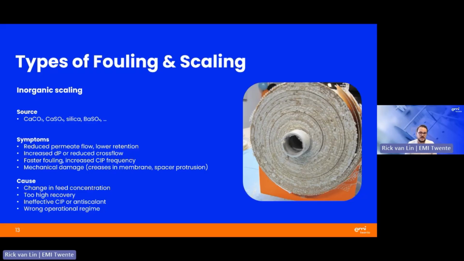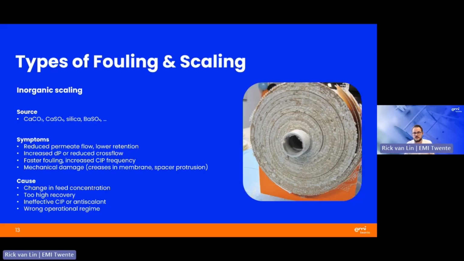Typically caused by a change in feed concentration. So if your solute concentration is increased while recovery remains the same, you end up in a situation where you get oversaturation by default and start scaling quite heavily. Too high recovery, so removal of too much water leading to oversaturation by default.